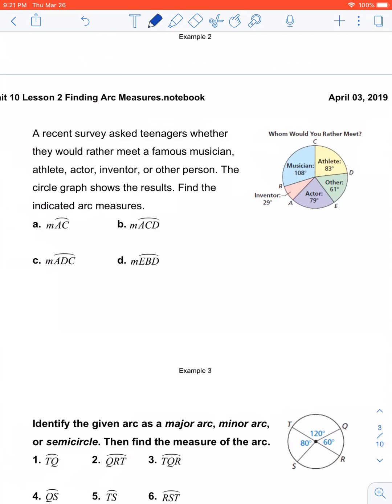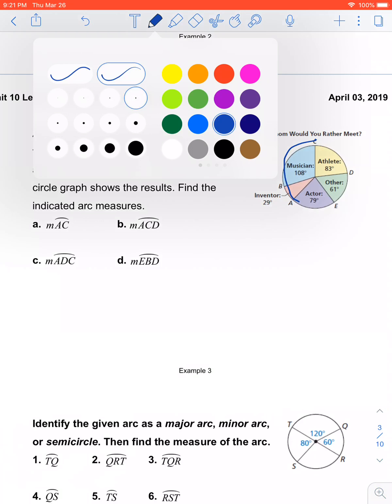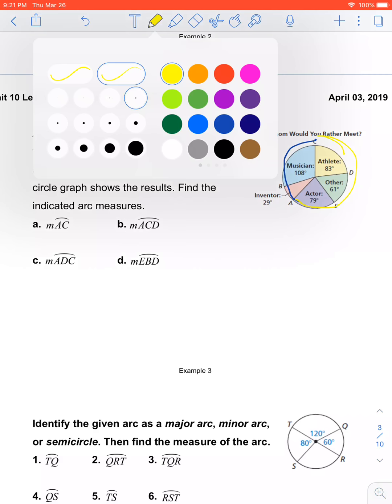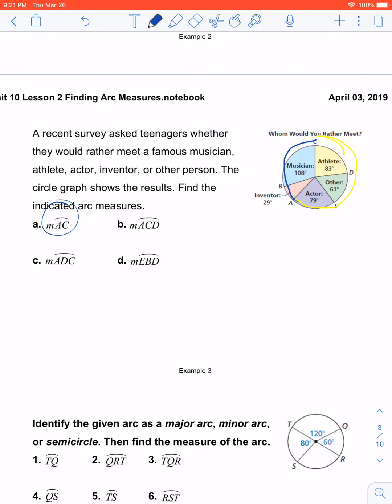It's getting late. All right, so looking at this, I'm going to look at AC. So again, I know that you can go from A to C this way, and you can go from A to C this way, but because there's two letters, I need to take the minor arc. So I'm going to be looking at the arc that is less than 180 degrees.